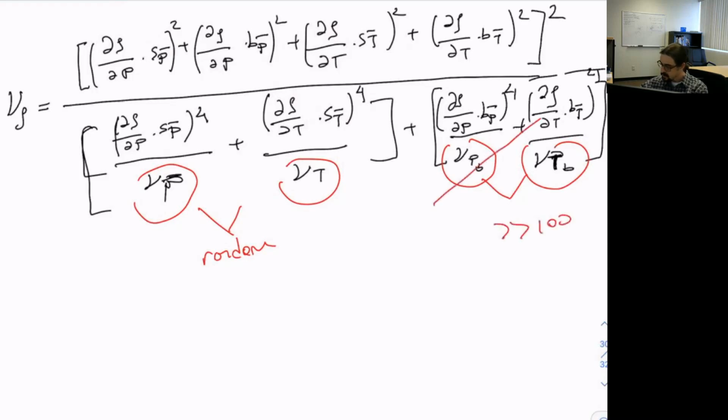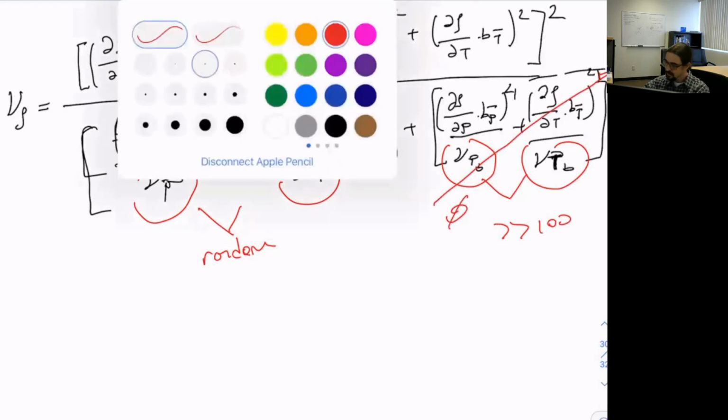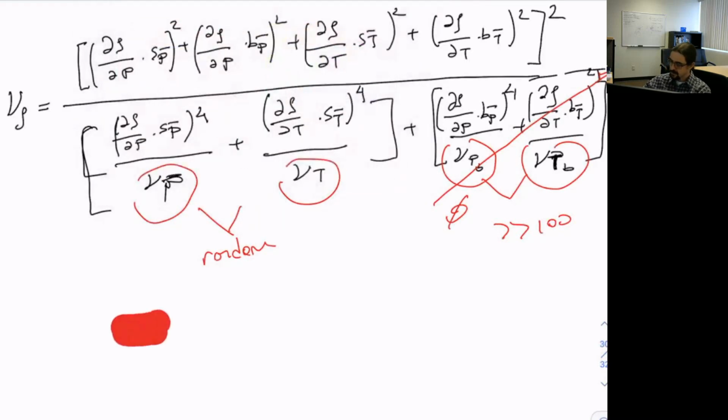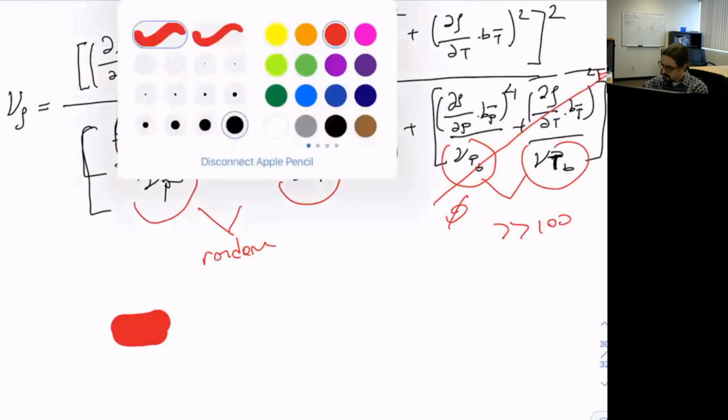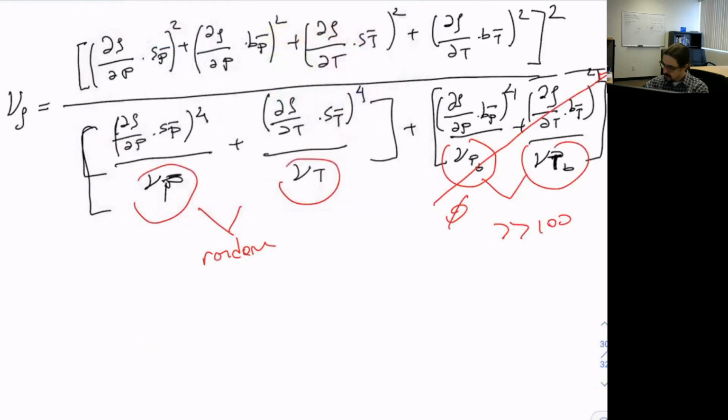Therefore this term goes to 0. If you do this math with that term cancelled, you'll find that your new degrees of freedom is going to be 23.